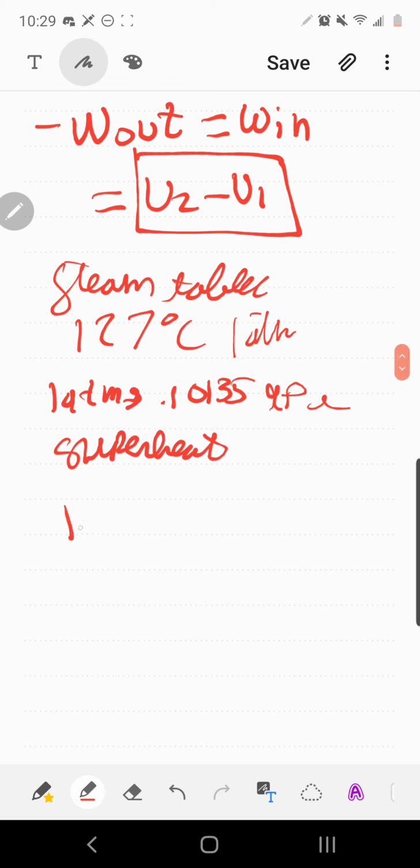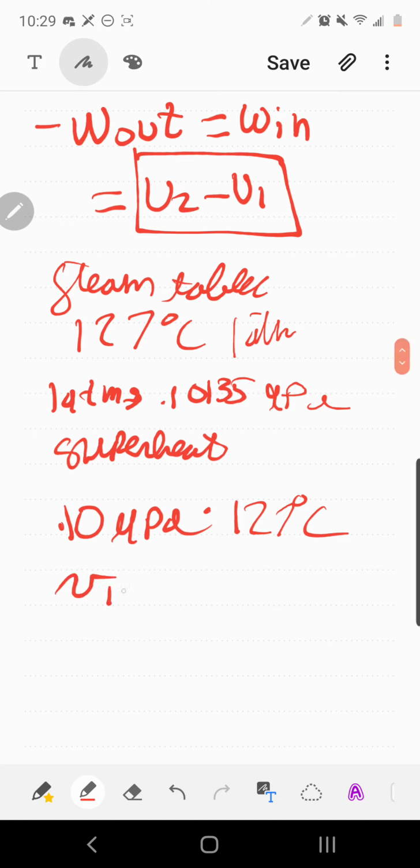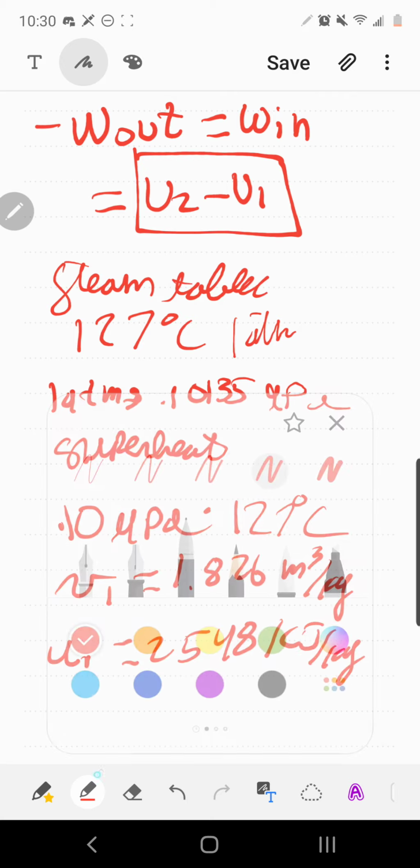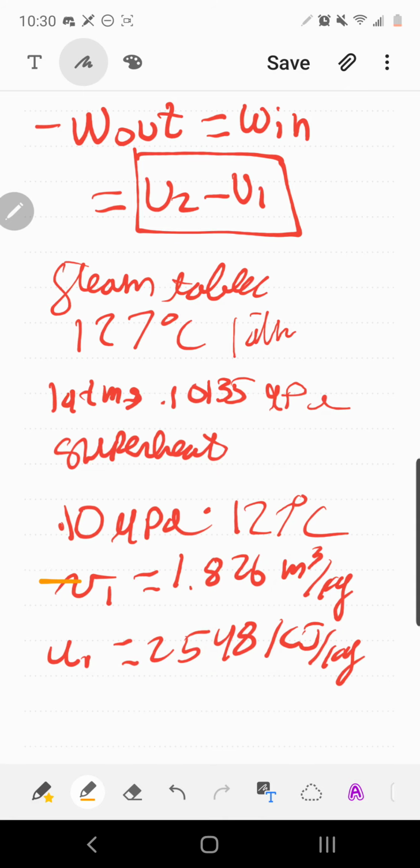We can use the superheated table at 0.10 MPa and interpolate with our temperature at 127 degrees C. With that, we can get our specific volume to be 1.826 meters cubed per kilogram, and our U1, which is 2548 kilojoules per kilogram.